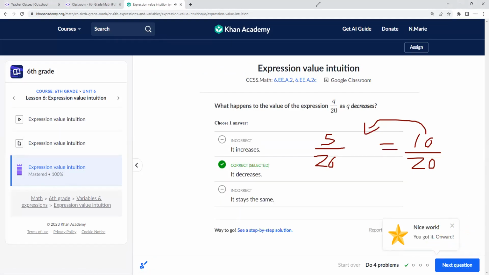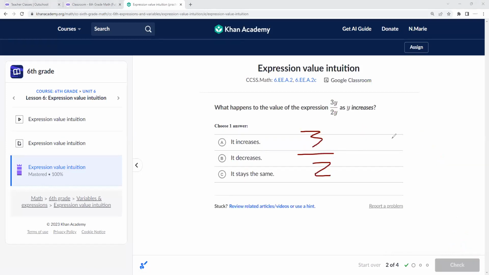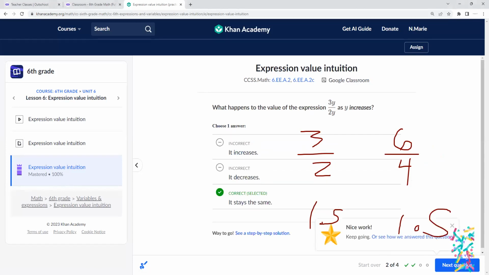You can plug in any numbers you want for the variable. As y increases, let's say y was 1, this would be 3/2. Let's say y was 2, this would be 6/4. This is 1.5, and this is also 1.5. So as y increases, the answer stays the same.